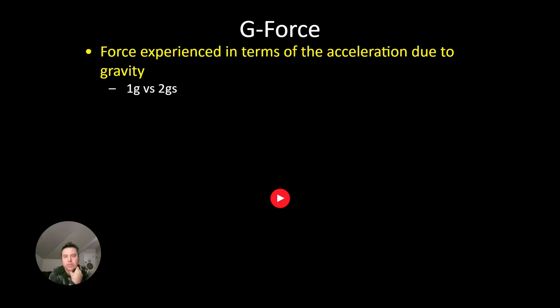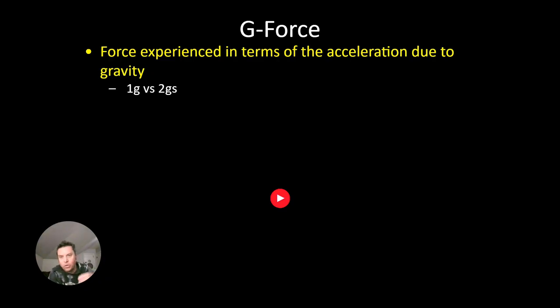G-force is experienced in terms of acceleration due to gravity. So sometimes you'll hear them referencing G-forces. 1G is what you feel right now. It's your weight. You feel that every day, 1G. We kind of talked about this in forces, but we talked about it in terms of acceleration. Your acceleration would make your weight change, and we can specifically relate that to gravity. 1G, right?